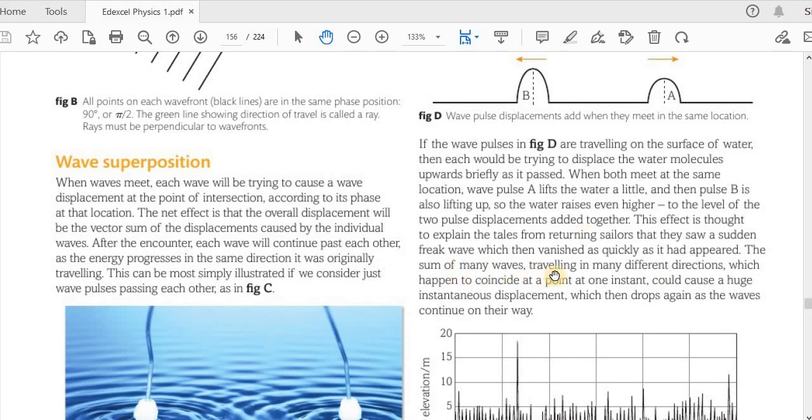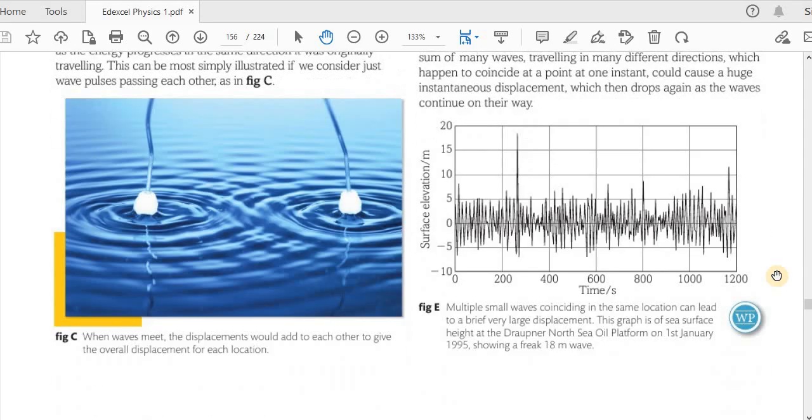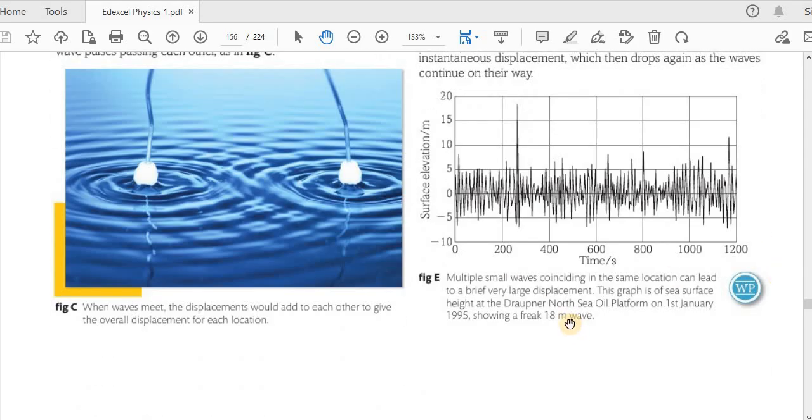The sum of many waves traveling in many different directions which happen to coincide at a point at one instant could cause a huge instantaneous displacement which then drops again as the waves continue on their way. See, surface elevation, time. Multiple small waves coinciding in the same location can lead to a brief, very large displacement.